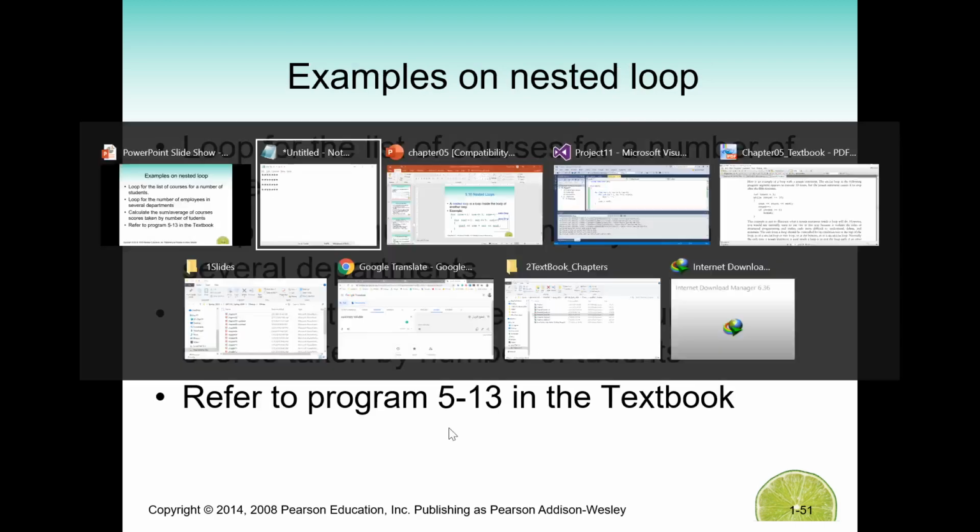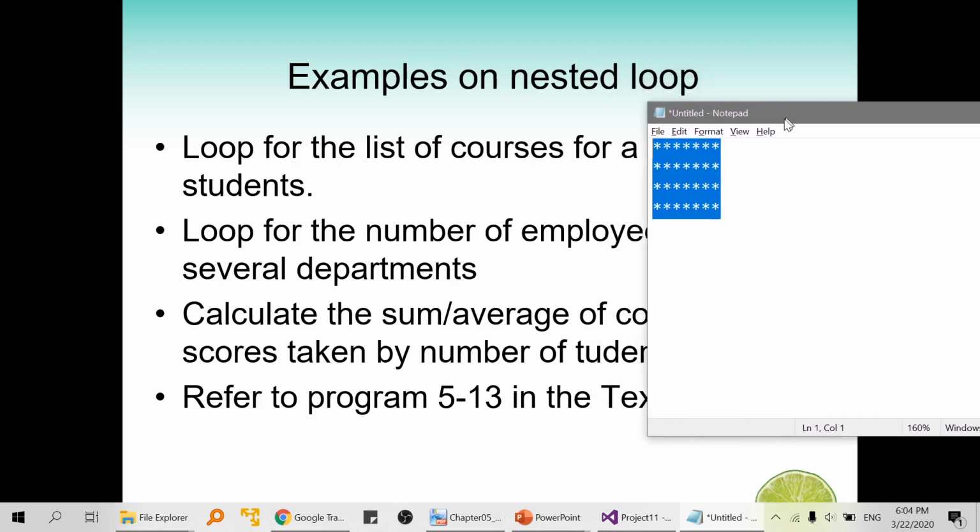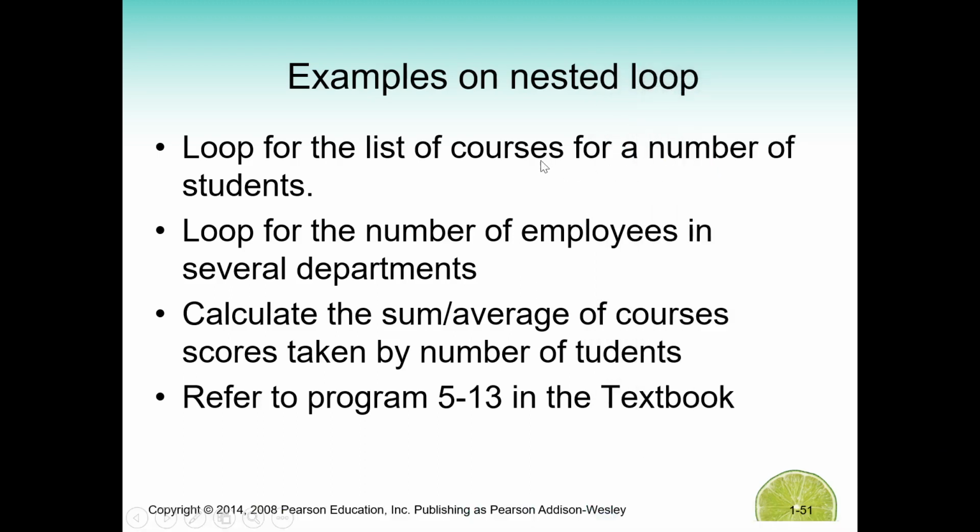Since this kind of loop is not really that common, especially when you think of real world examples, what kind of examples may reflect a nested loop here? Take these 3 points as some examples. For example, when we want to loop over a list of courses for a number of students.